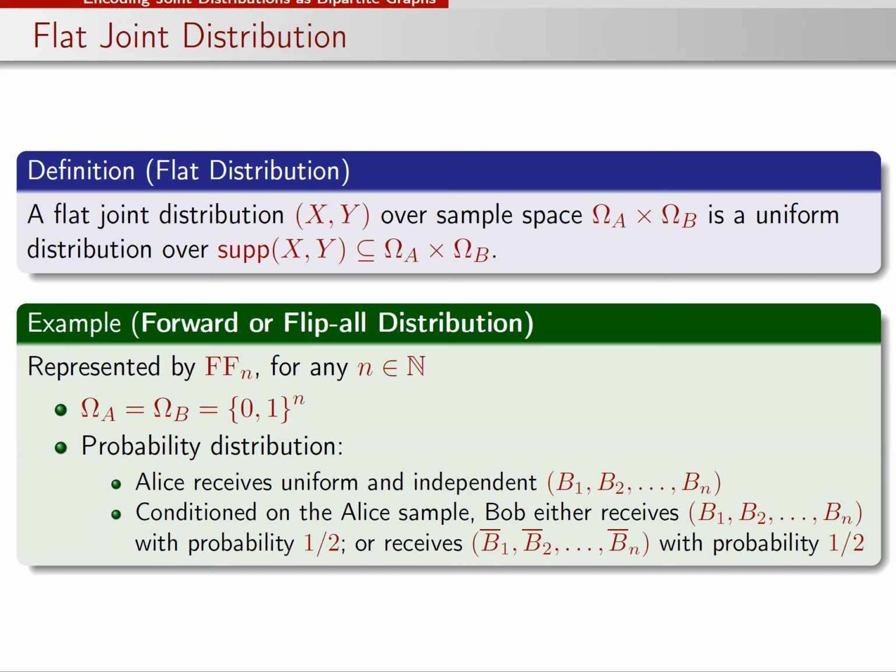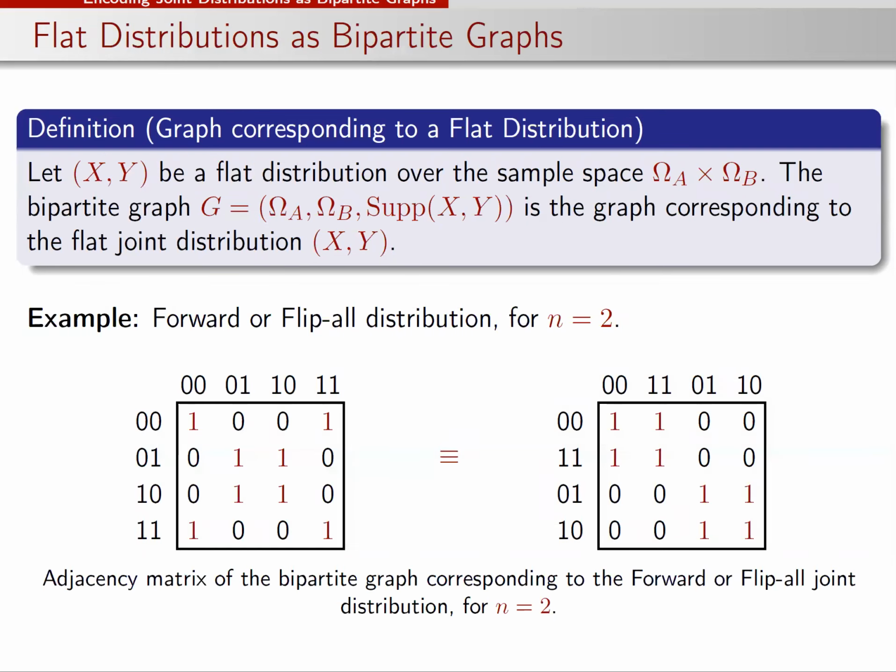For this distribution, Alice receives a uniform and independent n-bit string. Conditioned on Alice's sample, Bob either receives the same n-bit string with probability half, or receives the flip of all n bits with probability also half. So a flat distribution can be represented as a bipartite graph. The left bipartite set is the sample space omega A. The right bipartite set is the sample space omega B.